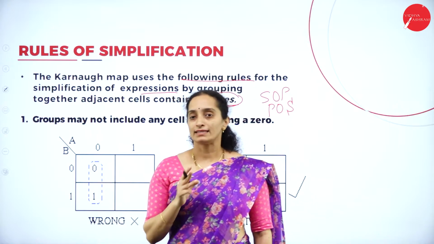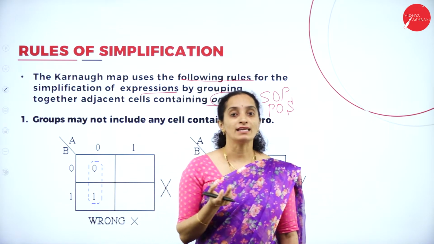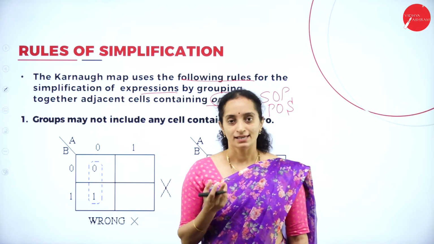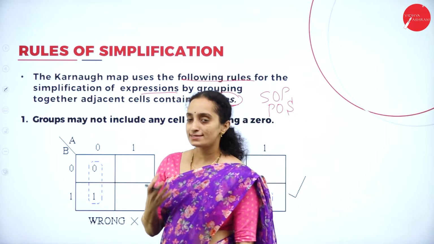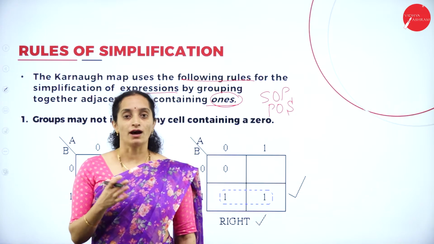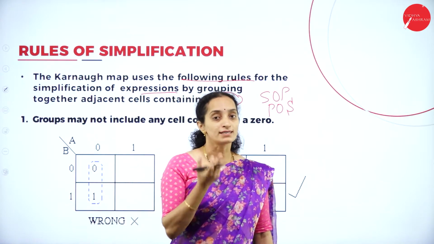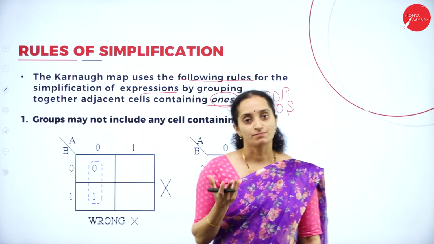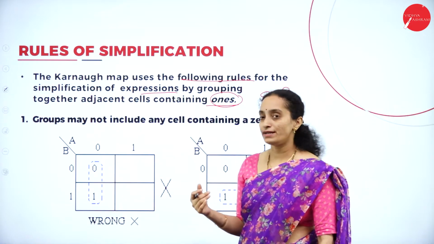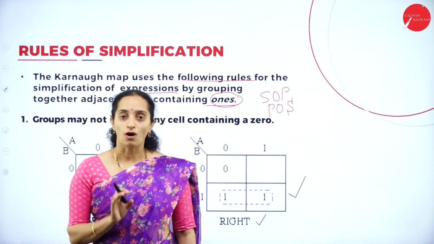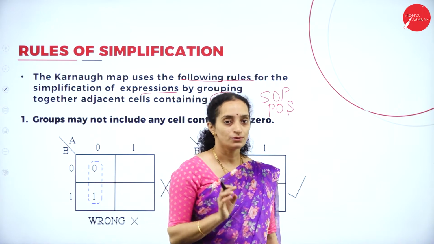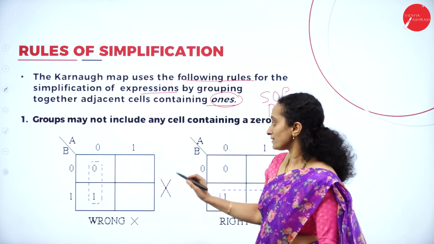If you have 3 variables, 2 to the power of 3, 8 cells. If you have 4 variables, that is 2 to the power of 4, 16 cells. If you have 5, you will have 32 cells for different min terms. Each cell represents either a min term or max term.